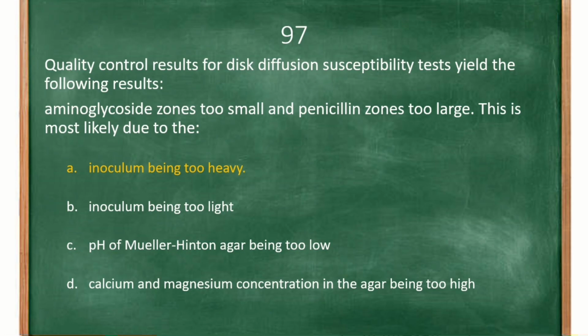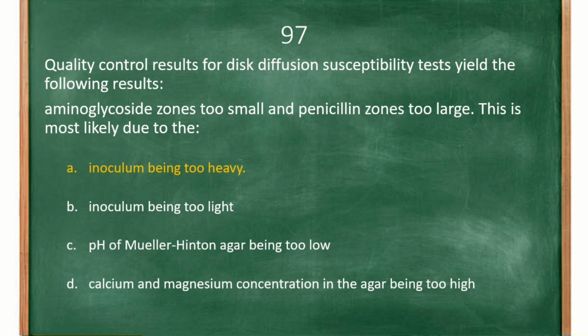Now, if you look at pH of Mueller-Hinton agar being too low, the pH of the agar usually affects the activity of some antibiotics, but it would generally cause a change in the zone size in a more uniform manner rather than producing such a specific pattern.